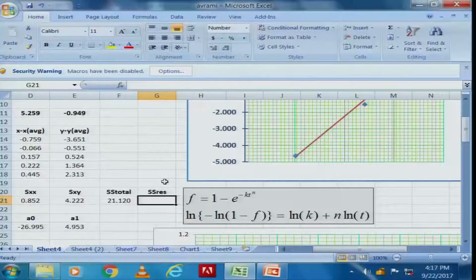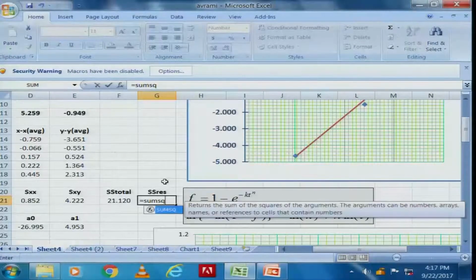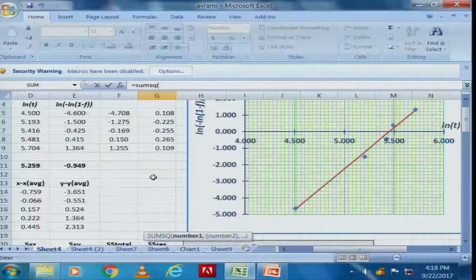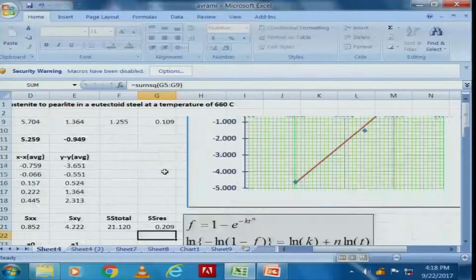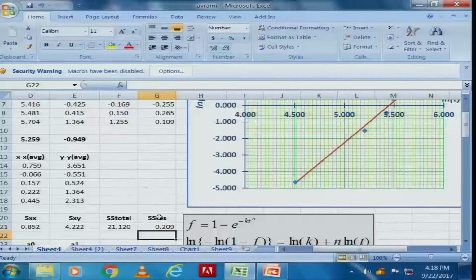Now, the residual variability that I have to put here, again the same function I can use, sum of the squares, but of these numbers y minus y cap, and I get 0.209 as the residual variability.